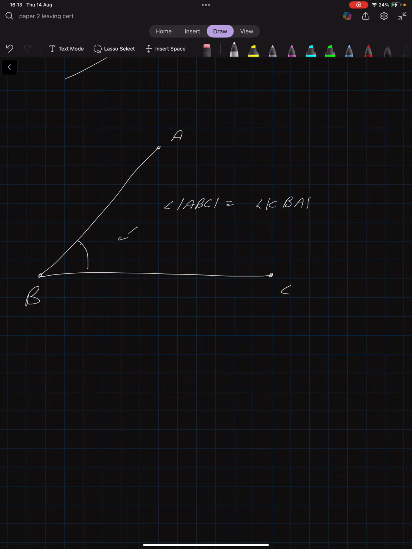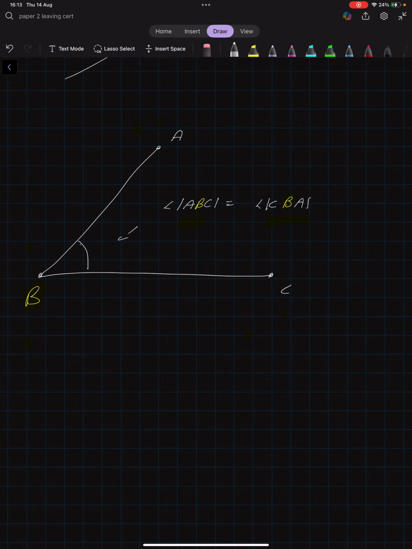It doesn't actually matter which way you write it, as long as the B is in the center. Why? Because B is the point that you're measuring it from. So if you go from C to B to A, that's this one. If you go from A to B to C, it'll map out the same angle. So it actually doesn't make a difference.